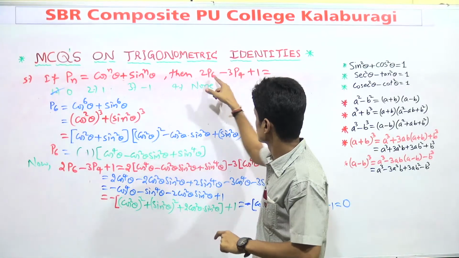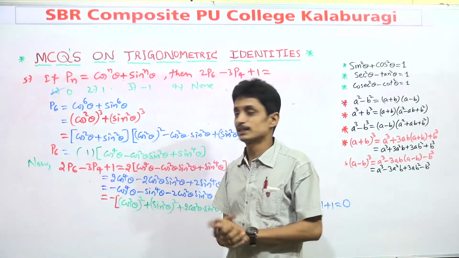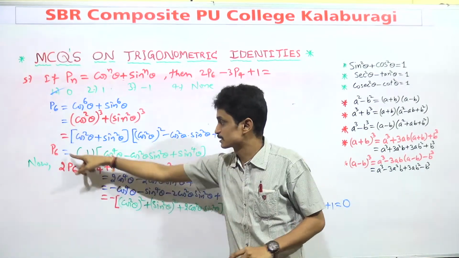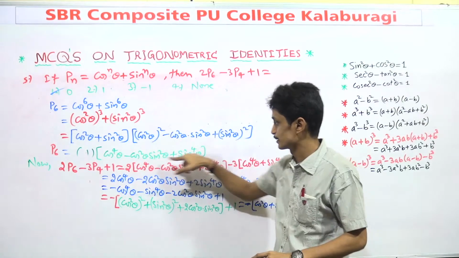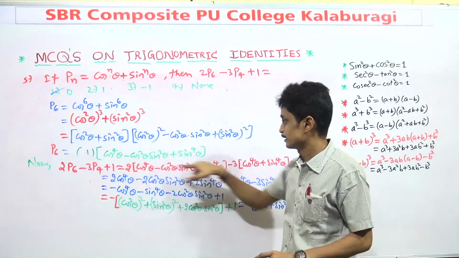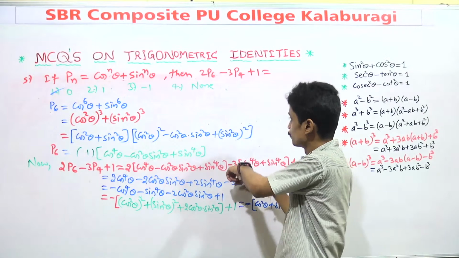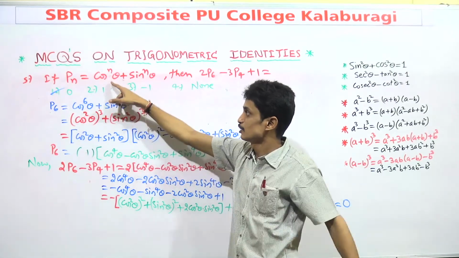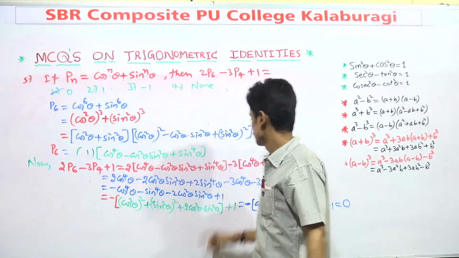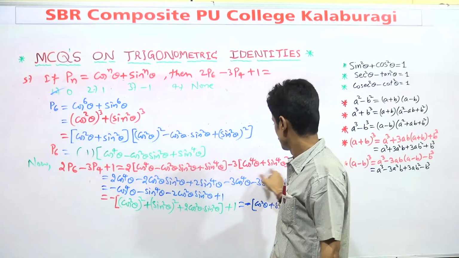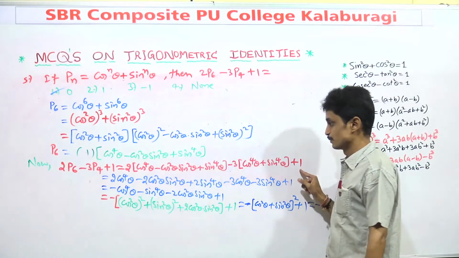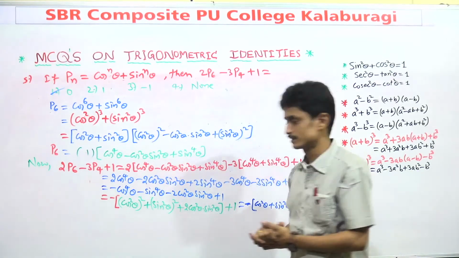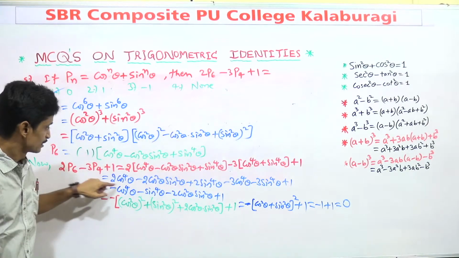Now I will write the expression 2P6 minus 3P4 plus 1. P6 is simplified, the result is here, and that I replace. And the beginning is minus 3 P4, which I don't have, so by replacing n by 4, we get cos power 4 theta plus sin power 4 theta. Here I have written it, and plus 1, the remaining constant. Completely remove the bracket and you will get this expression.